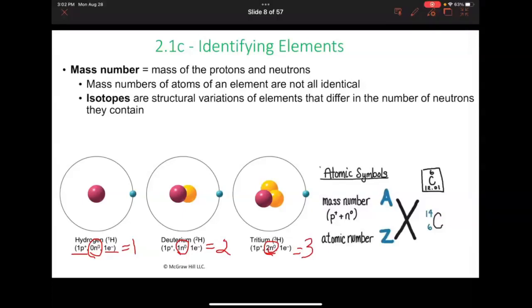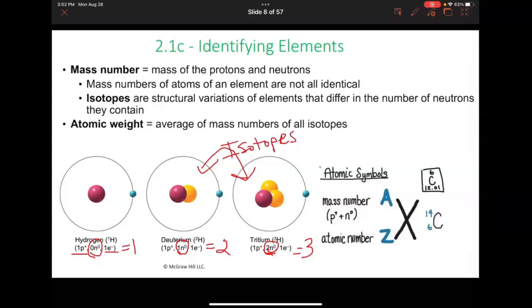Isotopes are structural variations of elements that differ in the number of neutrons they contain. So these 2 things that I just showed you, deuterium and tritium, these are isotopes. They're forms of hydrogen, so they're hydrogen isotopes.